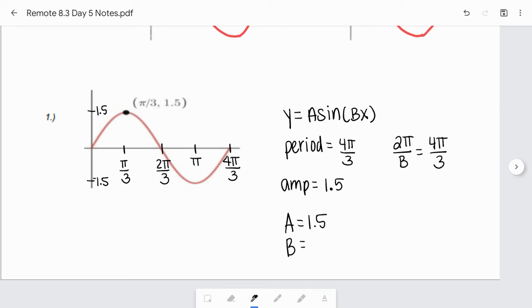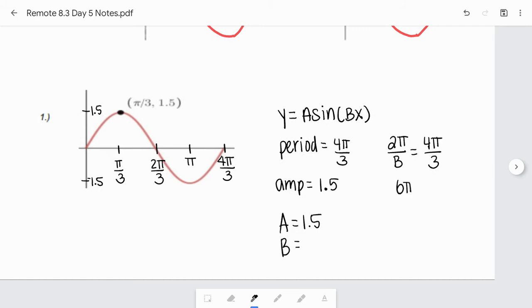So I can go ahead and do some cross multiplication and solve for B. So I would have 6 pi is equal to 4 pi B. If I divide both sides by 4 pi, and I reduce that, my pi's are going to cancel, and I'm left with 3 over 2 is equal to B.